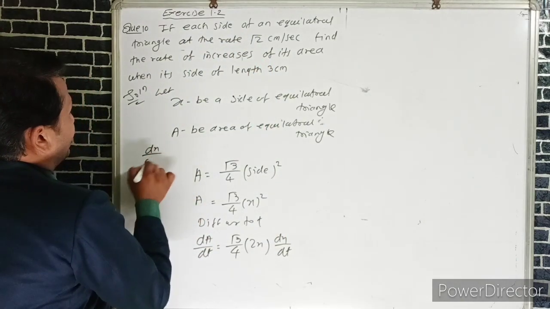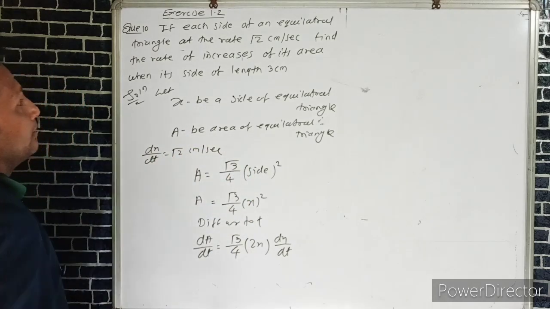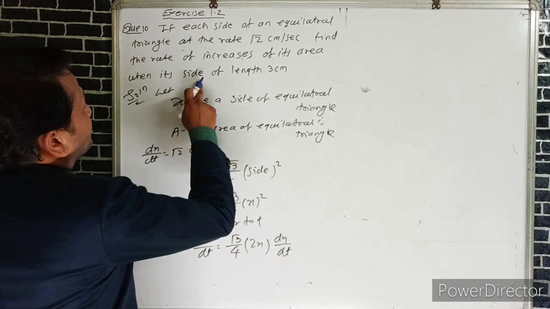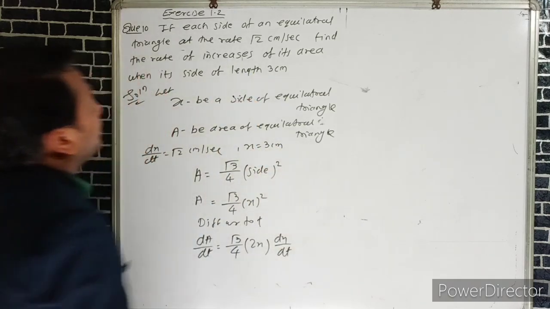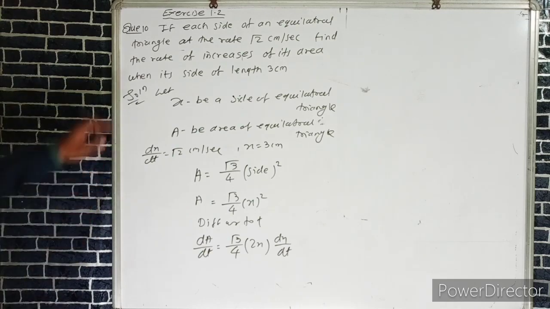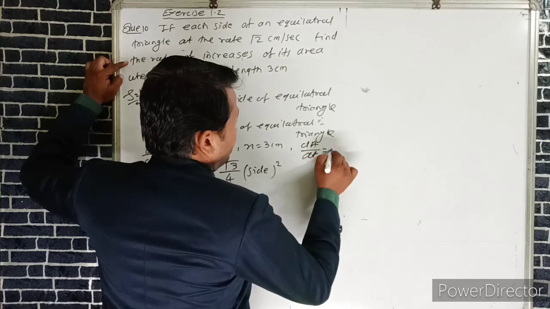Given that dx/dt = root 2 centimeter per second, when its side of length, means x, is 3 centimeter. We have to find the rate of increase of its area, means dA/dt.